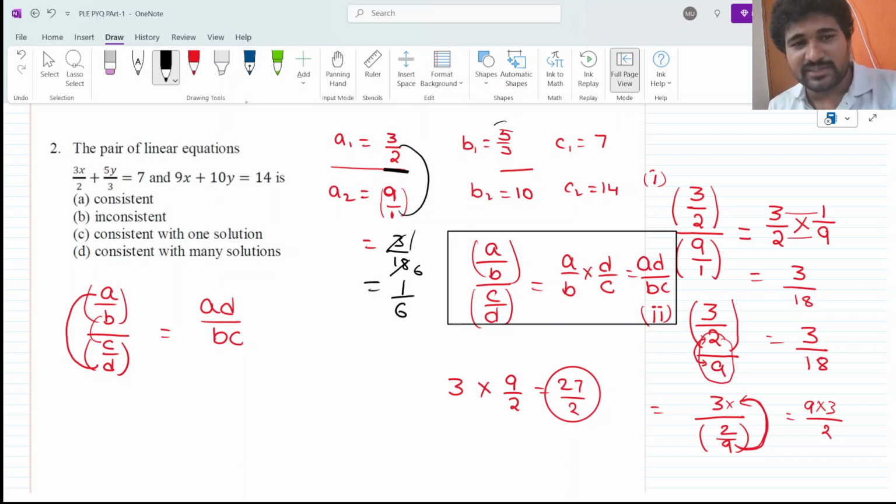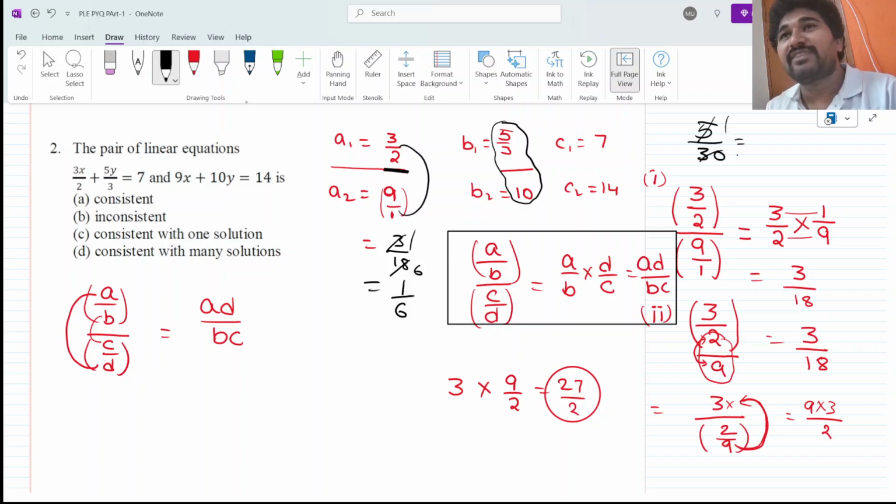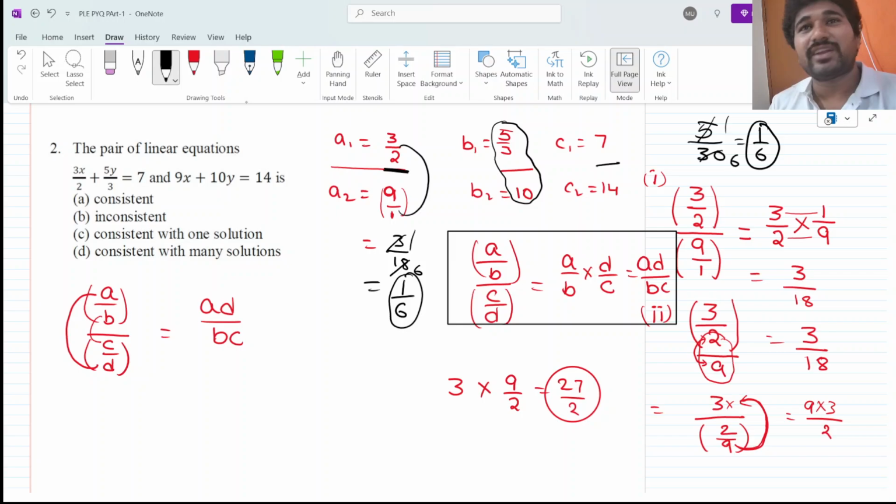Now what is the next one? In short, 5 by 30. Can it cancel? 5 ones are 5, 5 sixes are 30. 1 by 6 has come. This 7 by 14 will not come, right? 1 by 6. What will it come? 7 by 14 is 1 by 2. Now what happened?